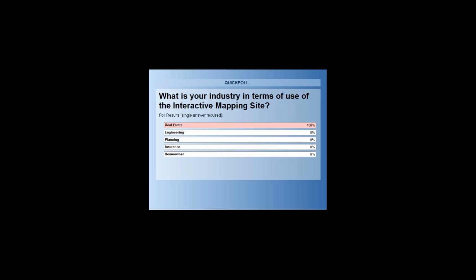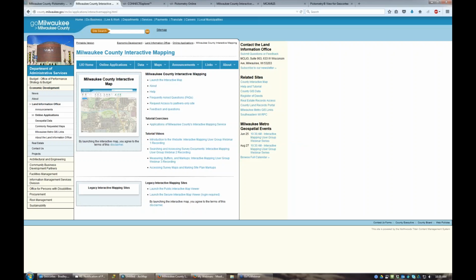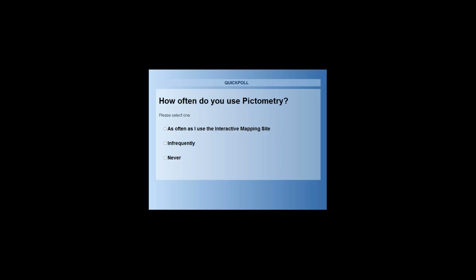I know a lot of you have used the interactive mapping website before, so I'm going to ask a few more poll questions specifically about Pictometry. First, I'd like to know how often you use it. For some people, I believe it's probably one of the primary reasons you use the interactive mapping website. So you can answer as often as you use the interactive mapping website, or infrequently, or never.